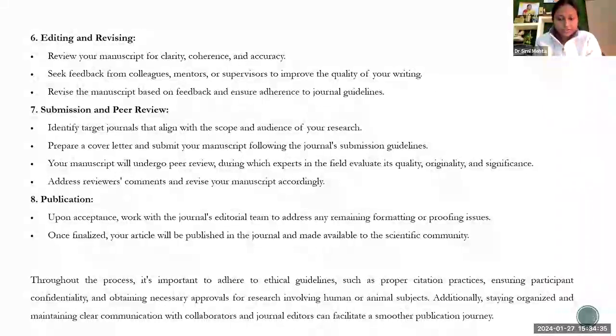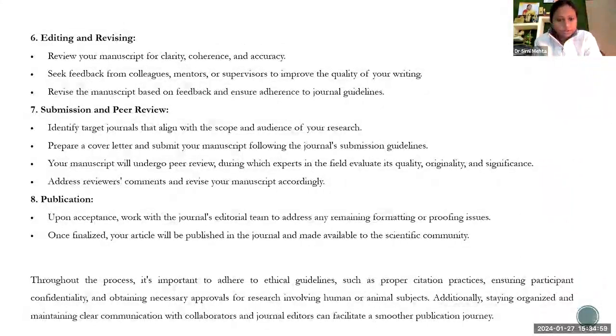Finally, after you have incorporated all the comments, if your article is accepted, you'll have to work with the journal's editorial team to address any remaining formatting or proofreading. Once finalized, your article will be published in the journal and made available to the wider community of readers.